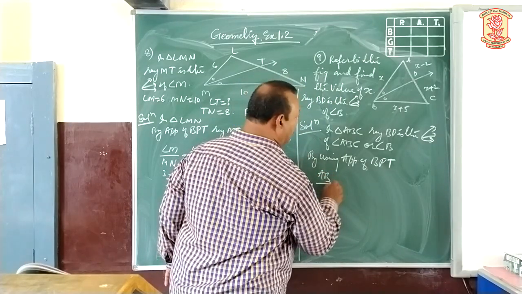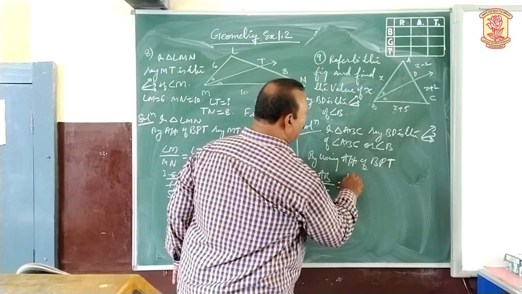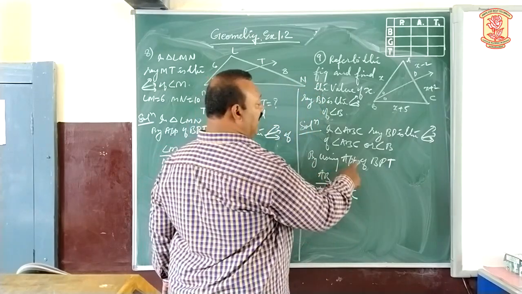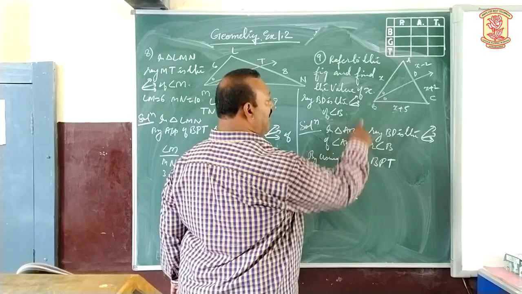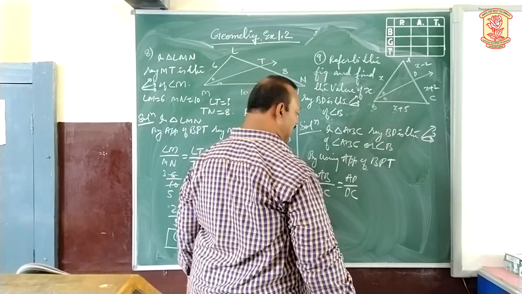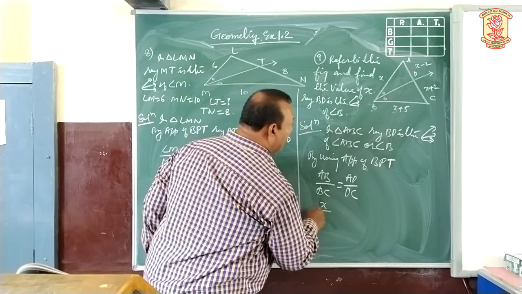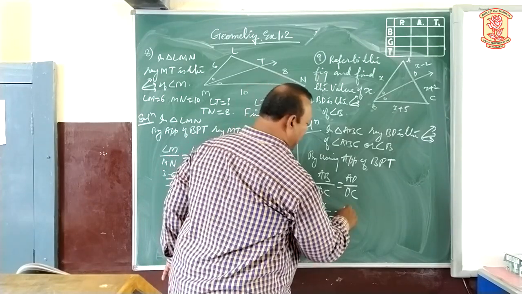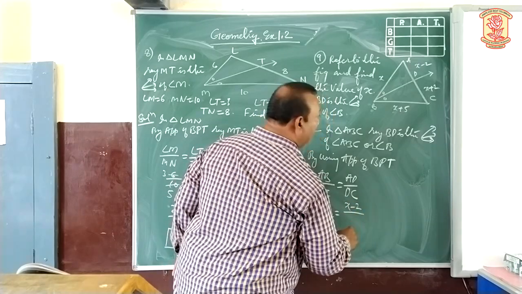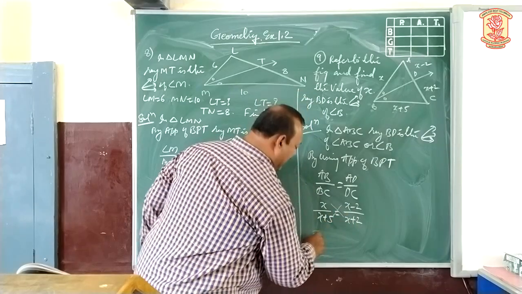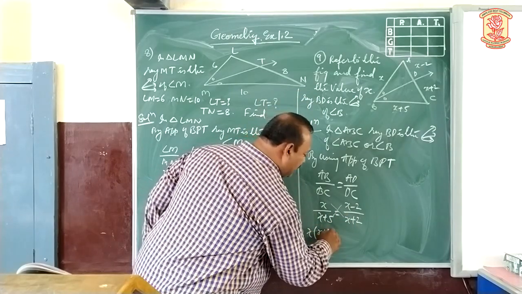AB upon BC equals AD upon DC. AB is X, BC is X plus 5, the value of AD is X minus 2, and the value of DC is X plus 2. Now when we make a cross, X into X plus 2.